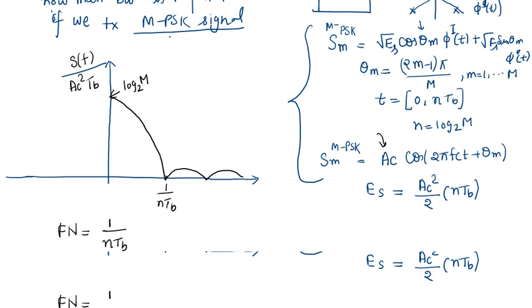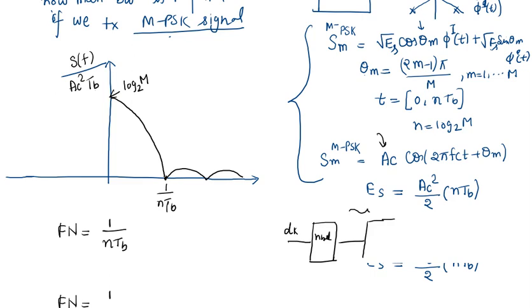And how would you know that the first null will be at 1 upon N Tb? For this, you have to go a bit back and see that in any M-PSK signal, we take N bits at a time and we transmit them through the channel.